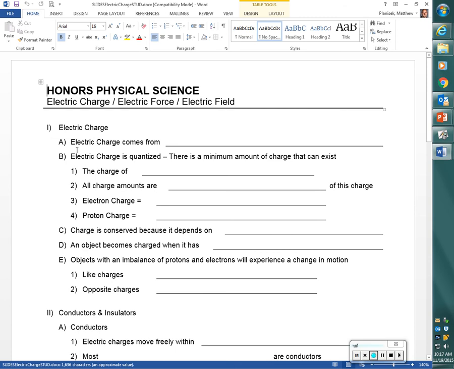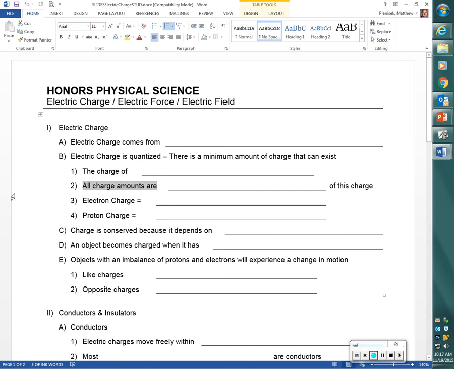Okay. So, electric charge comes from subatomic particles. Charge is quantized. The minimum amount of charge is the charge of 1 electron, okay? All other charge amounts are integer multiples of this charge, right?